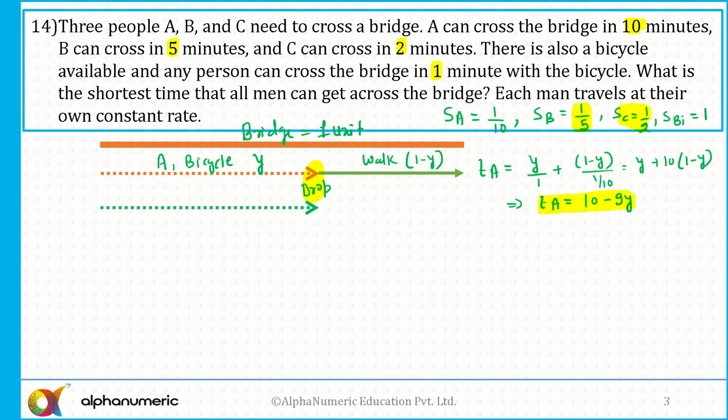So C reaches this particular point. Let me write it down here. C will walk, and C has walked how much distance?